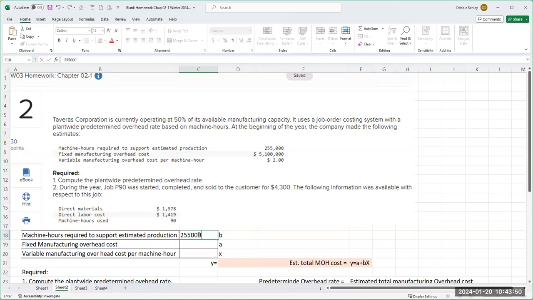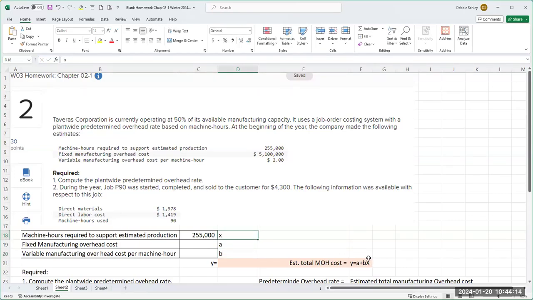255,000 is the machine hours required to support the estimated production, which in our little formula here, wait a minute, I think I labeled that wrong. Yep, I labeled that wrong. That one's actually X, and this one is B, right? That's my allocation base.